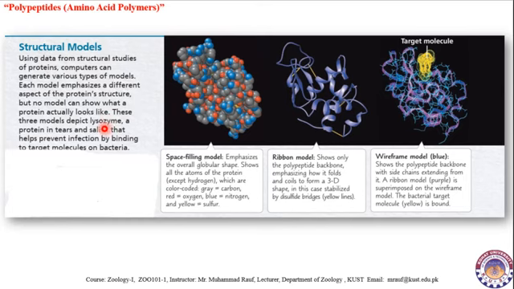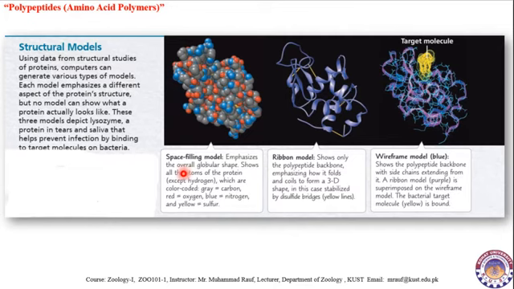It is a protein present in the tears and saliva, and its role is to prevent infection. Its mode of action is binding to target molecules on bacteria. Once they bind to bacteria with the help of the target molecules on bacteria, then they degrade the bacterial cells.